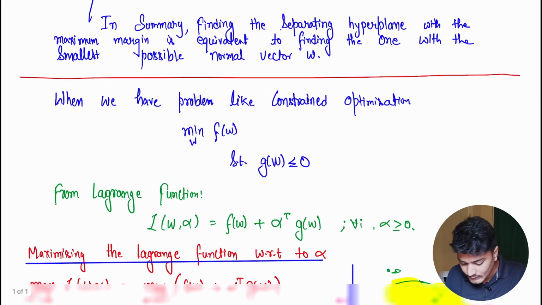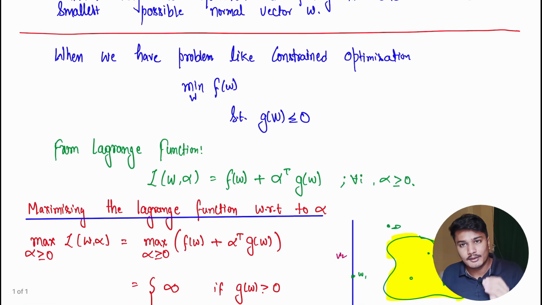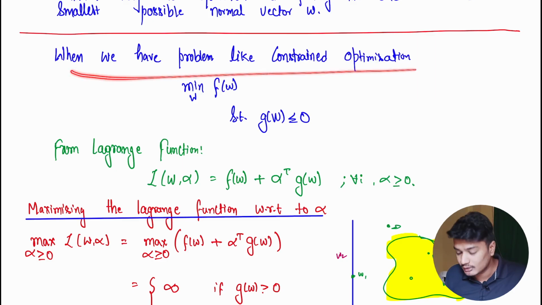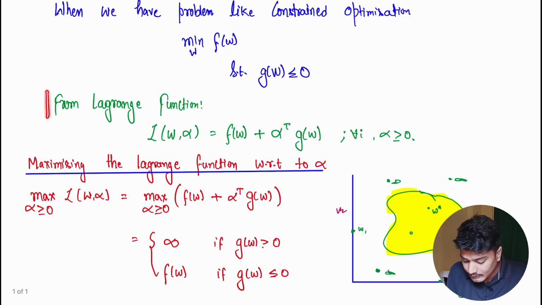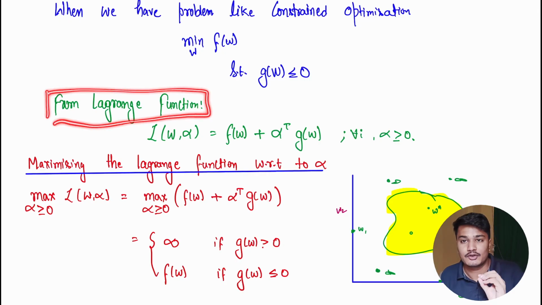Now we will recall our constrained optimization problem again, so that we can solve this problem. When we have a constrained optimization problem like this, min of f(w) such that g(w) less than or equal to 0, then we solve this using the Lagrange function.